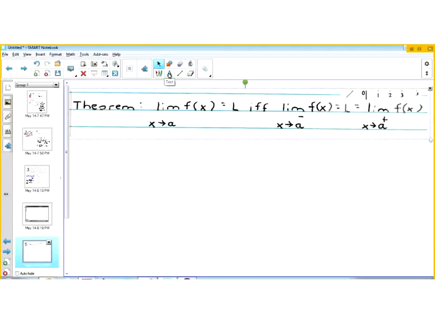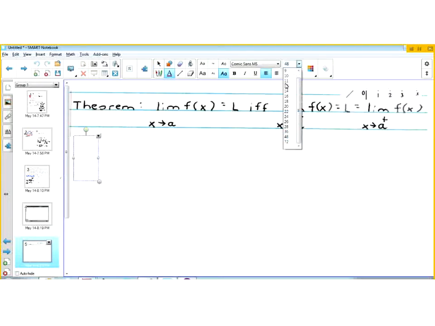Let me grab hold of the image. And this is another important function in calculus. So let's talk about it.